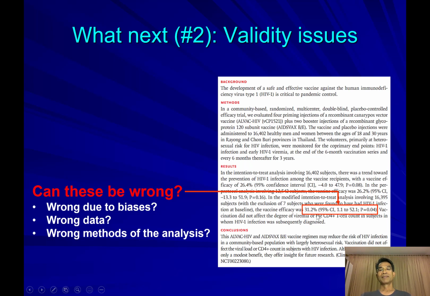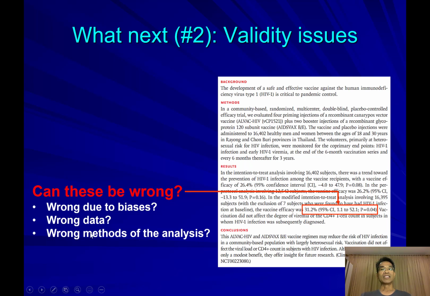Is it an issue for this or not? Information bias, or how about the confounding bias, or many others. So that's the next issue.